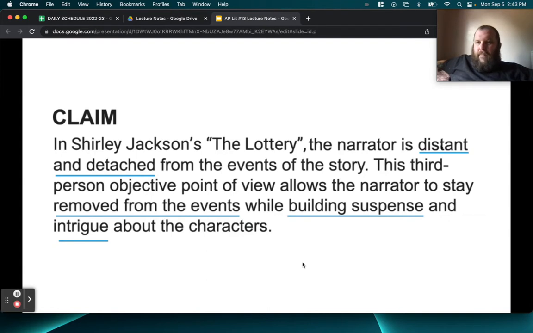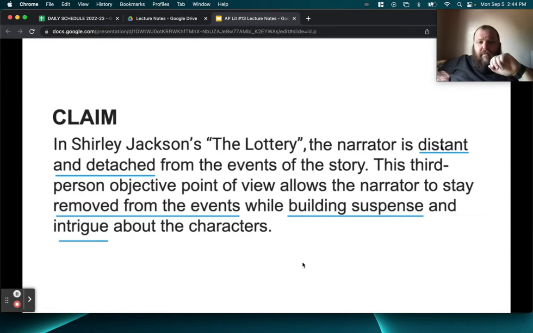Really great claim, right? It's true. It's provable. There's evidence in the text that you could latch on to any of these ideas. Is the narrator distant and detached? Certainly. How do we know? Well, the narrator says this or points this out, or is not able to point this out.